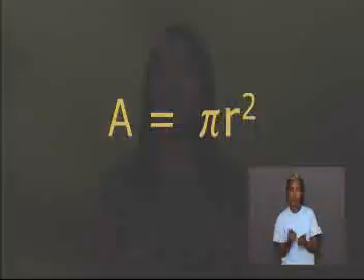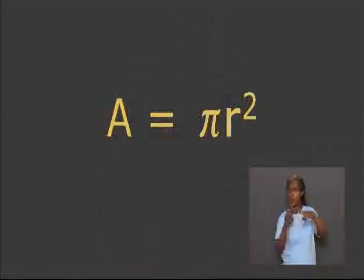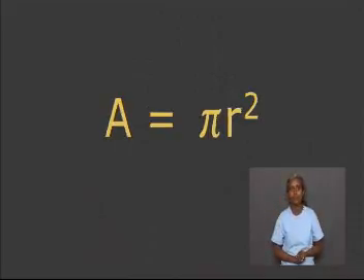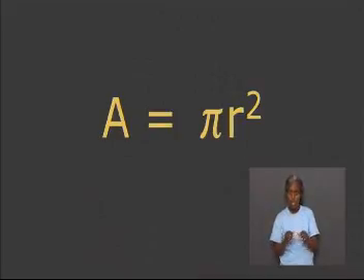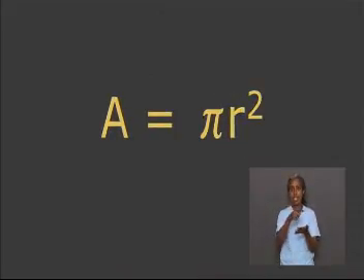Students, you already know that the equation for finding the area of a circle is pi r squared. How will this help us to calculate the area of a right circular cylinder?